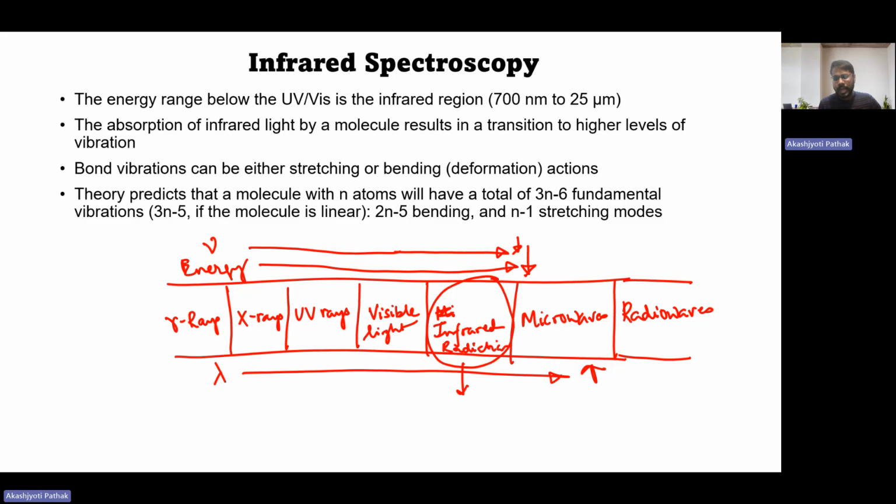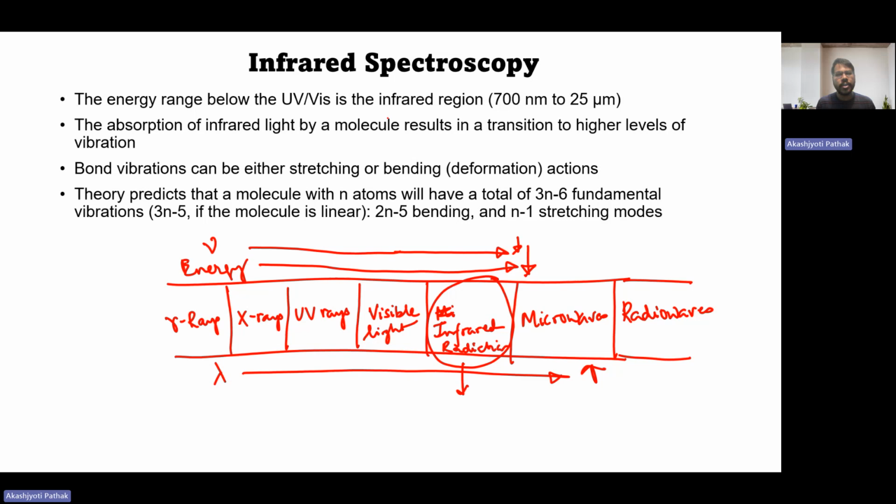These different bond lengths, bond strengths, functional groups, and surrounding atoms of a particular atom in a molecule will all determine which wavelength will be absorbed by that molecule. Okay.